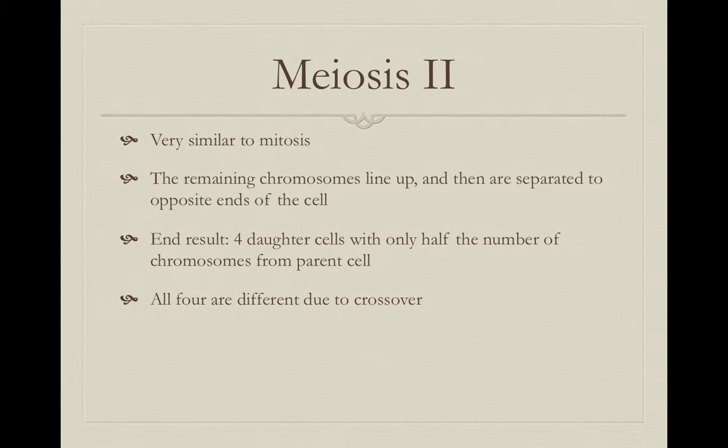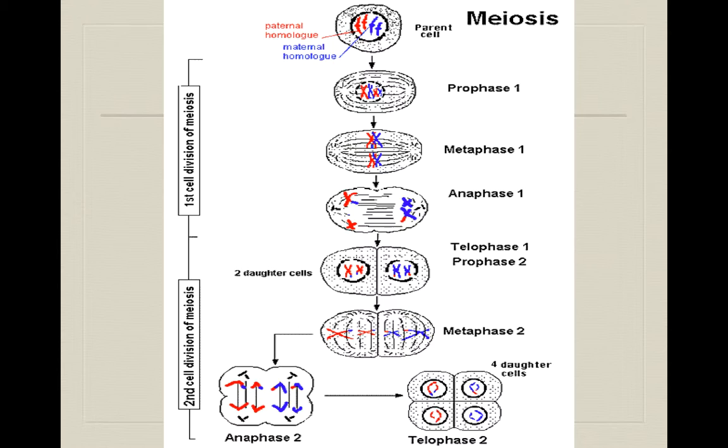That's why you don't have exactly the same genetic code as either one of your parents. You have a mix of what they have. This is the difference between meiosis and mitosis: in mitosis you have only 2 daughter cells, identical to the parent cell, whereas in meiosis you have 4 daughter cells, completely different from the parent cell.